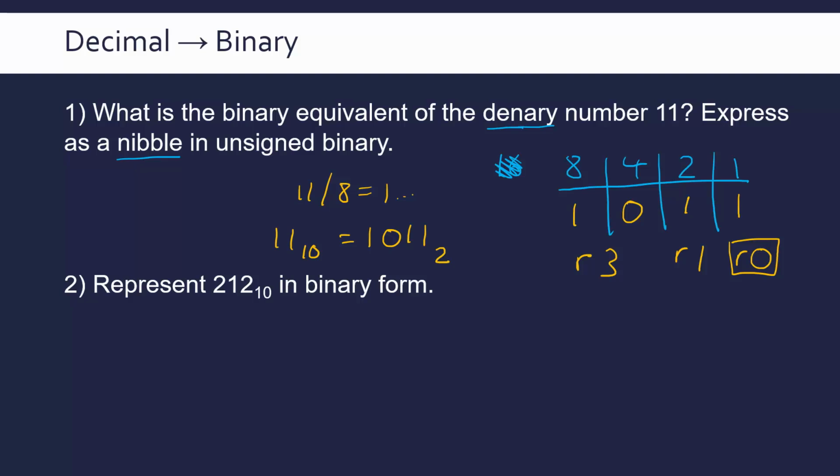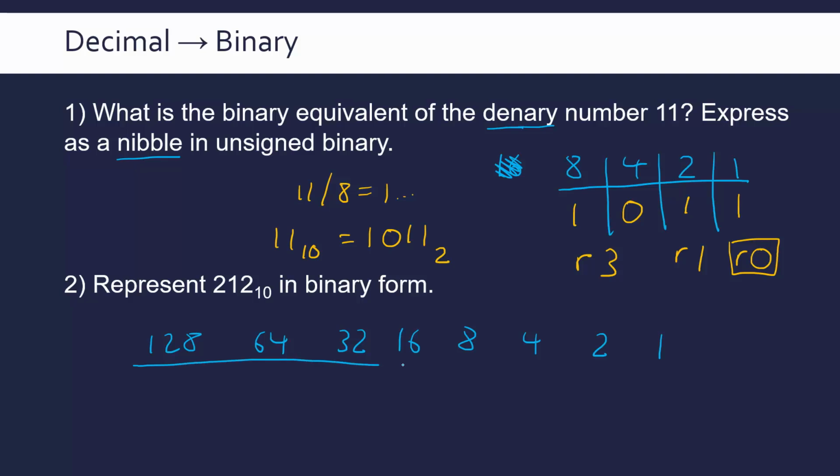Now for the second question, it's a much bigger number, but still the process is exactly the same. Converting 212 into binary. Let's start with our table, always starting right to left. So 1, 2, 4, 8, 16, 32, 64, 128, and now the next column is 256, but that's too big, I don't need it, and so I can leave it at 128.